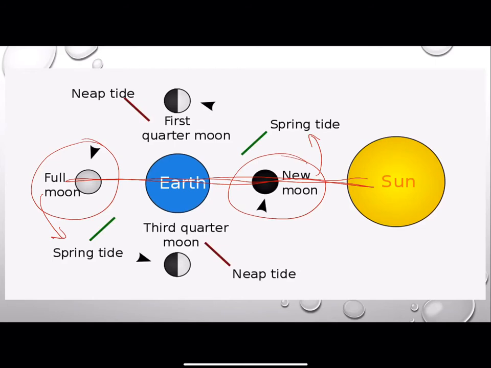And whenever they line up at a right angle, either here or here, that leads to a neap tide. We talked about that as well.